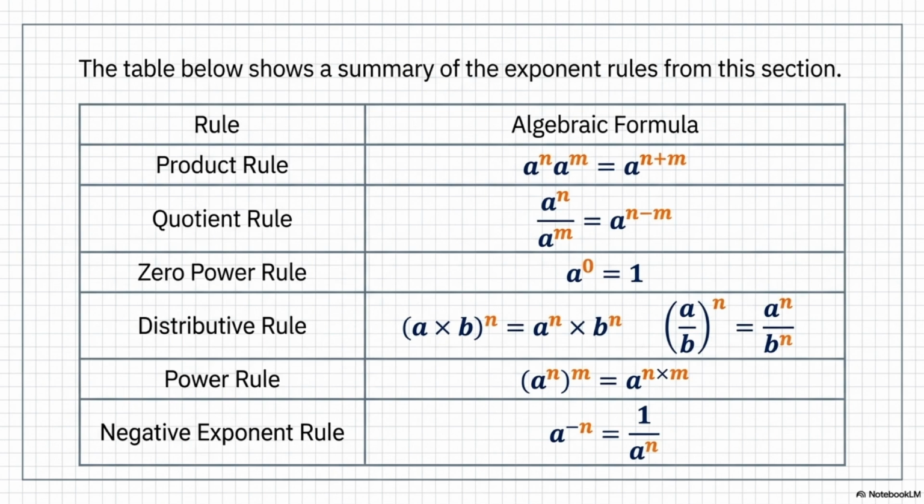The product rule for adding, the quotient rule for subtracting, the mind-bending reality that the zero power traps you into equaling 1, distributing exponents like a delivery driver, multiplying stacked exponents with the power rule, and using negative exponents as elevator tickets to flip fractions. It's all just logic. They are all a continuous chain of mechanical logic. If the initial shorthand is true, every single rule we discussed today mathematically has to be true. It is a meticulously constructed system, and it scales up flawlessly.